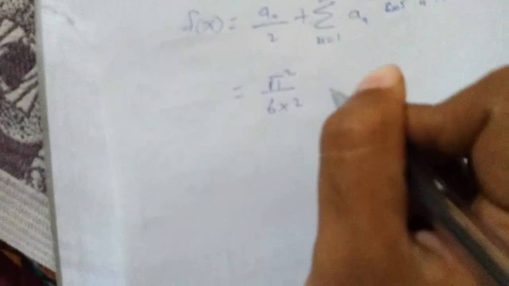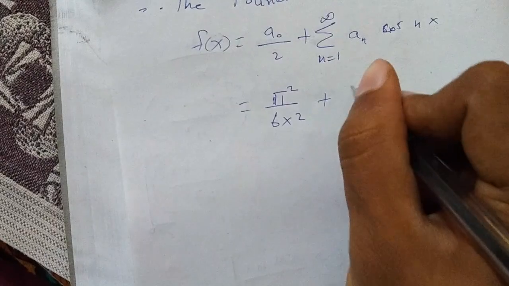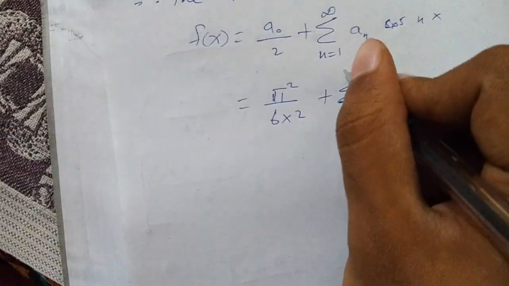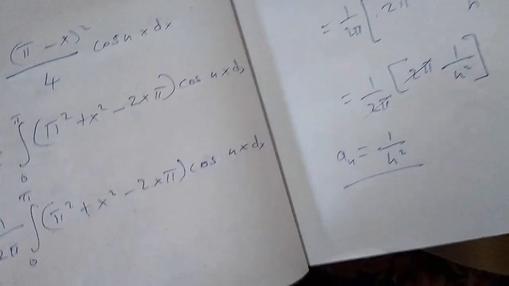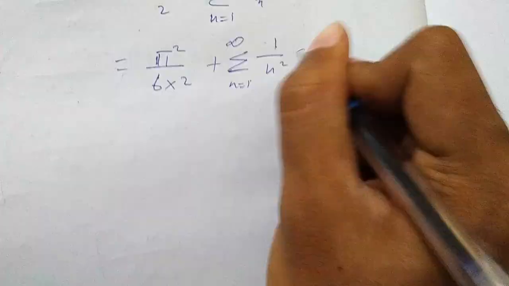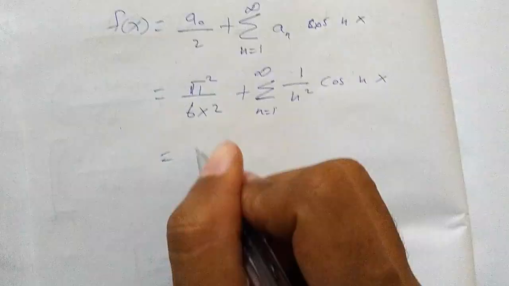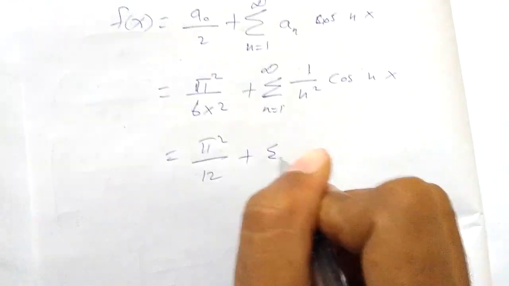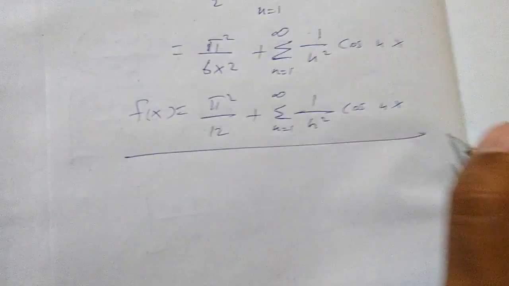A0 is pi squared by 6, so we get pi squared by 6 into 2, plus the sum from n equal to 1 to infinity. That is for an, 1 by n squared, so it's 1 by n squared cos nx. So this becomes pi squared by 12 plus the sum of cos nx by n squared. This is the value for f of x in the Fourier series.